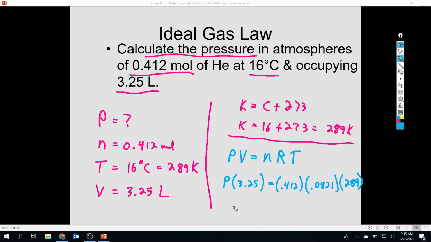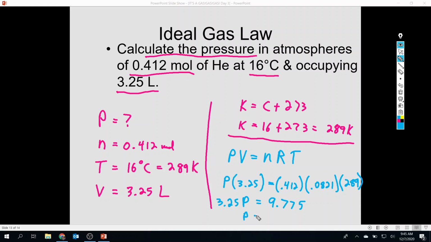All right, so again, I'm going to do some quick math. 3.25 P will equal 0.412 times 0.0821 times 289, and go ahead and do the math for yourself. 9.775, and then divide that by 3.25, and I get 3.0.